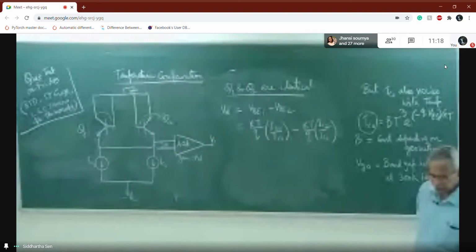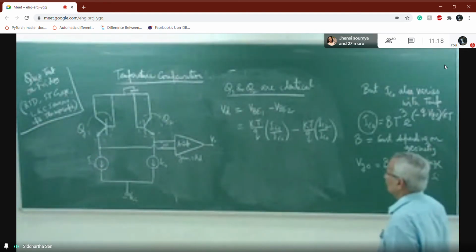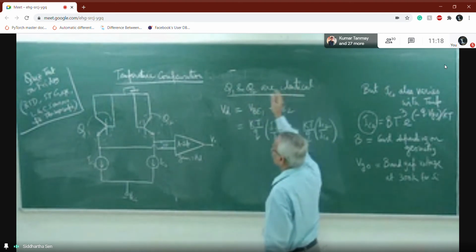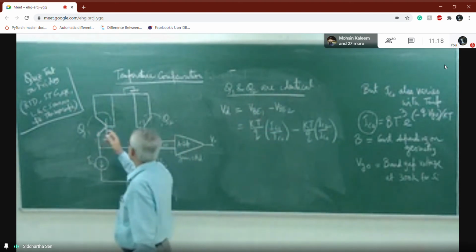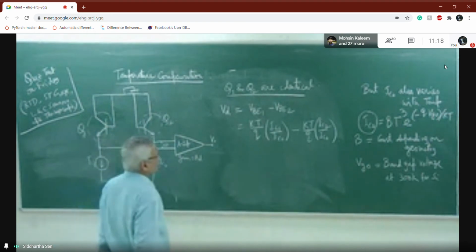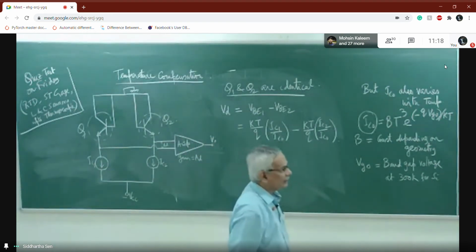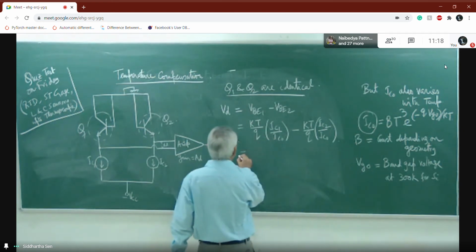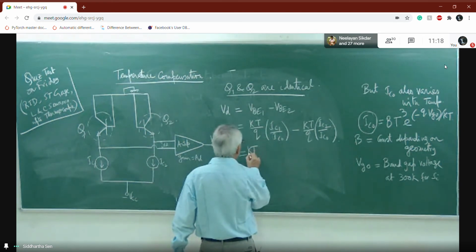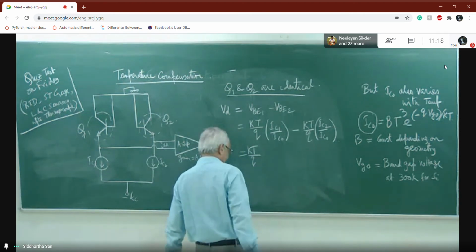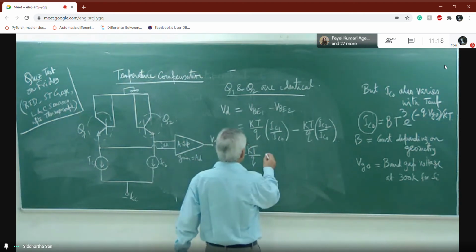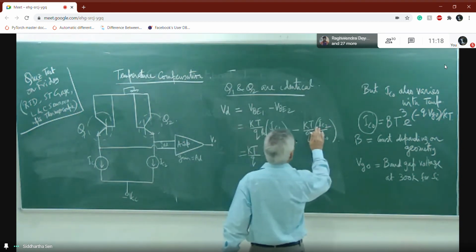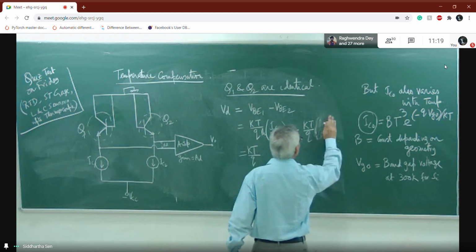Now, these two transistors are identical, so naturally, the collector saturation current IC0 should be the same for both. This is the biggest problem for the nonlinear characteristics of this one. Sorry, this is log natural. Please correct me.